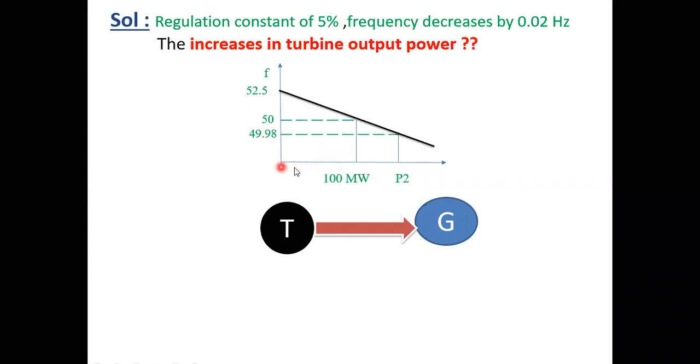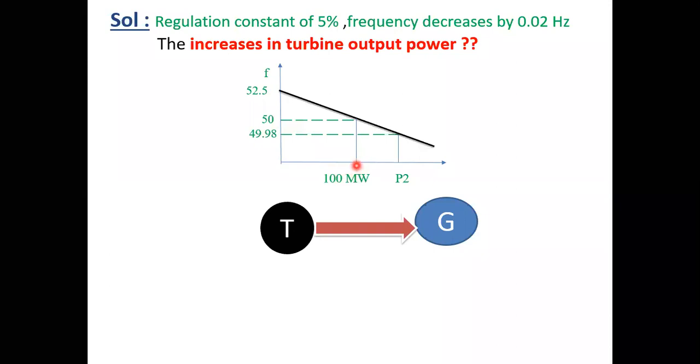When you are taking 0 to 100 megawatts, what are the limits for your y-axis? The limits for your y-axis are 0 to 52.5, or you can consider 52.5 to 50. Similarly, what about the limits for your x-axis? 0 to 100 megawatts.